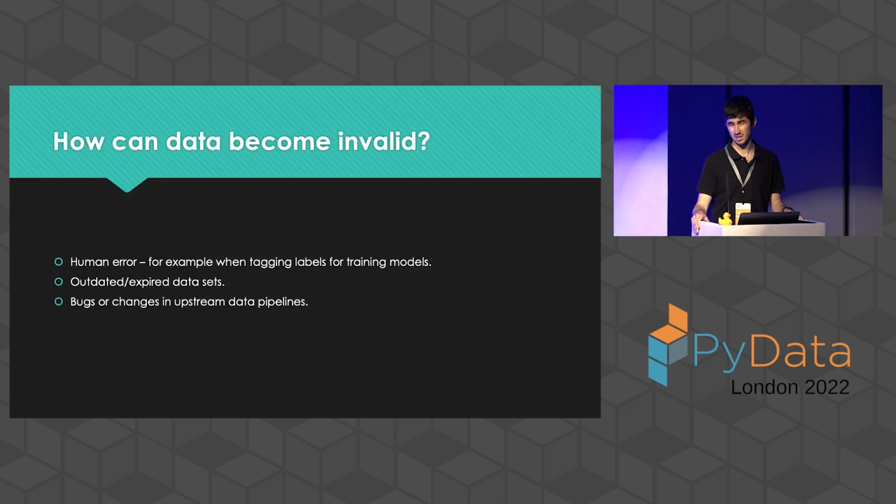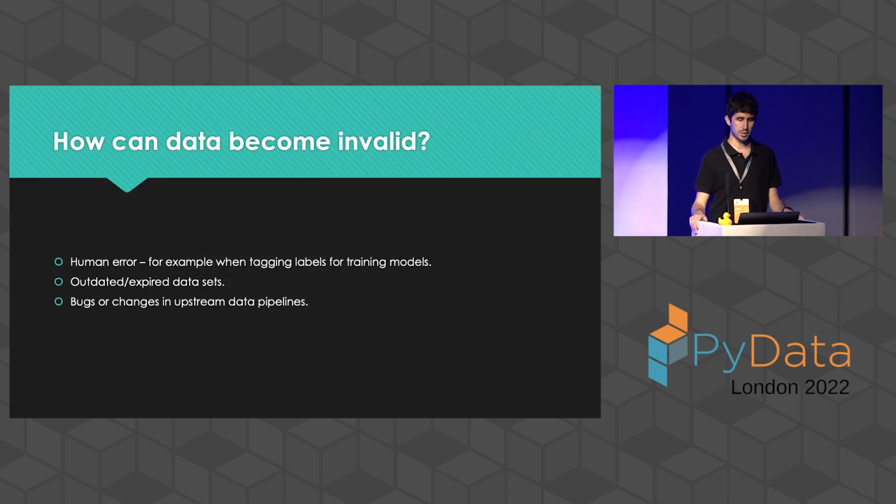And it's not uncommon for those people to maybe add a zero to a house price or maybe leave out a zero. So those are the kinds of human errors you can make, but obviously there are many, many more. Another thing is outdated or expired data sets. That's something that is fairly common. So for example, our data set comes from a survey from 2006, and we are trying to predict house prices in 2022. And so that might make our model biased.